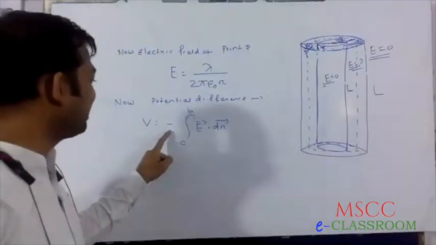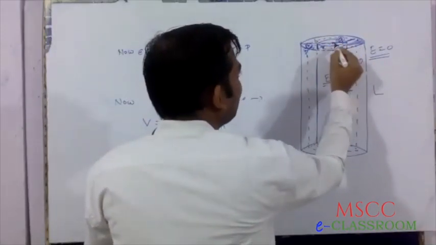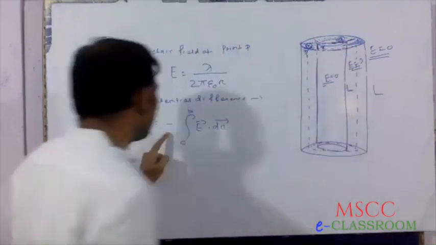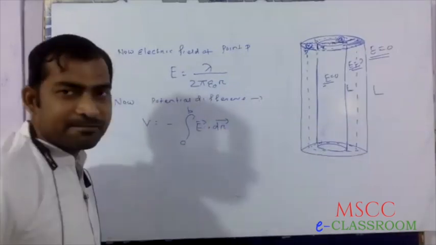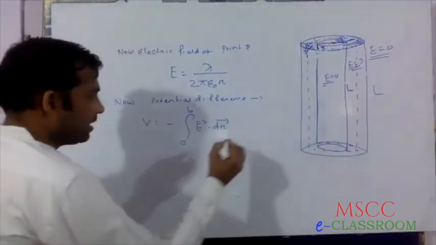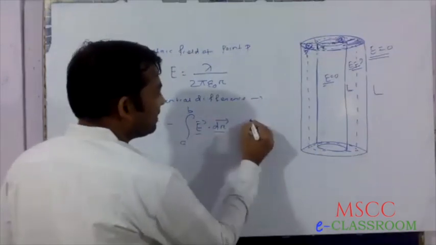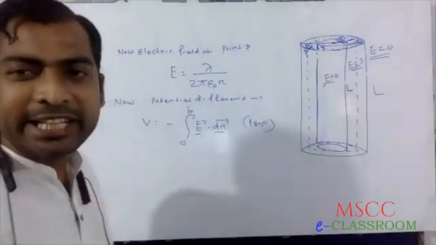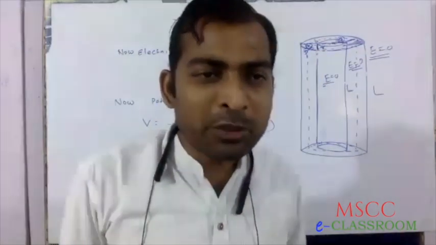V equals minus A to B, inner to outer, inner radius small a, outer radius small b, therefore minus limit A to B E dot dr. That implies the angle between E and dr is just opposite. The direction of E and the direction of displacement are opposite.